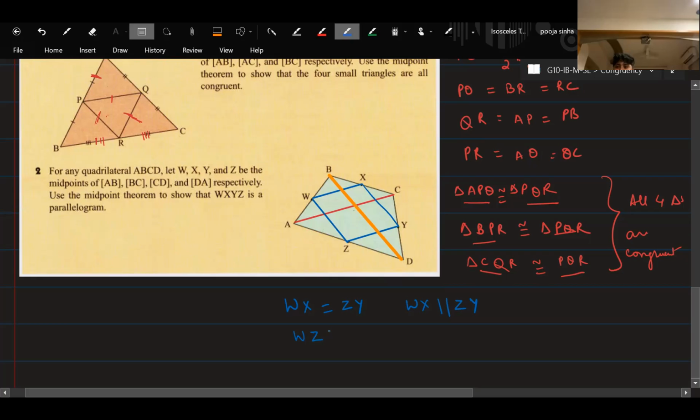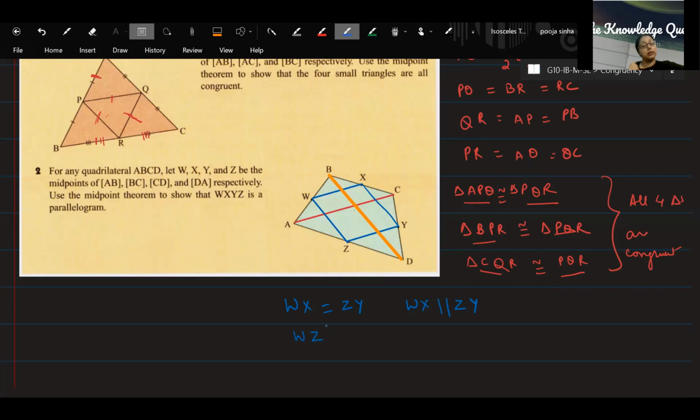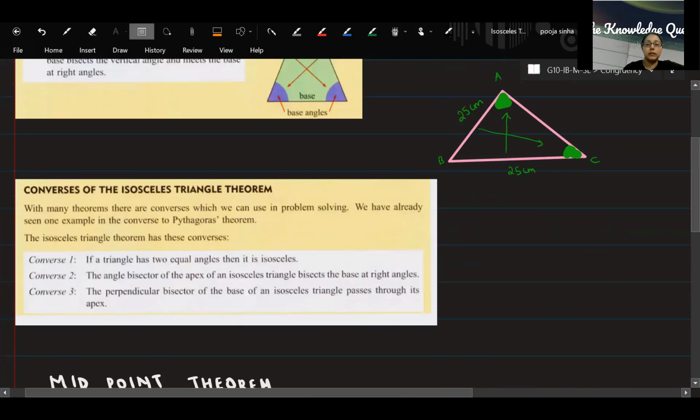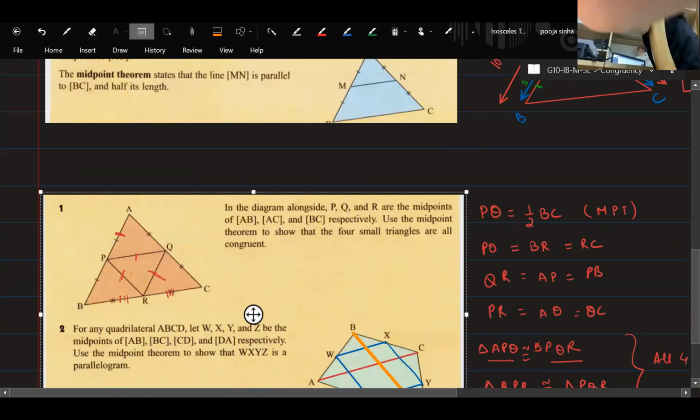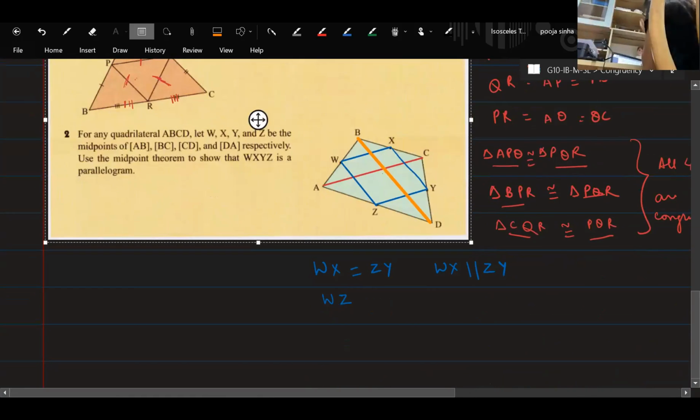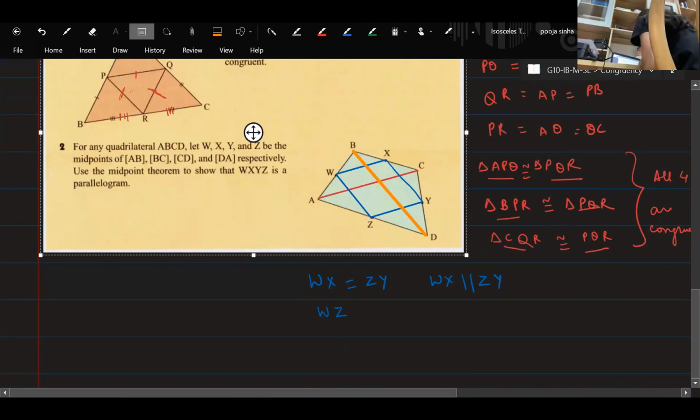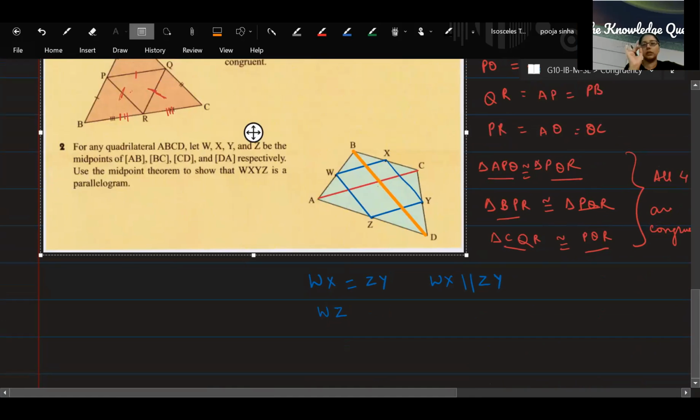Correct. And also, is it just half? What does the midpoint theorem tell us? Oh, parallel also. Ma'am, can you repeat the relation? Just a second. Arya, complete your statement.